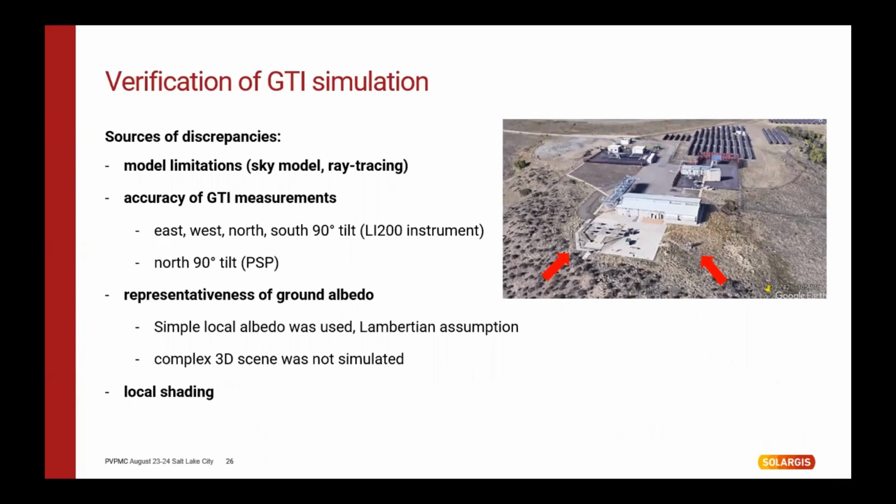So probably this is again one source of the discrepancies for this extreme vertical system. And of course, I didn't mention that for this simulation we didn't use local shading, because we don't have detailed data about shading on this site.